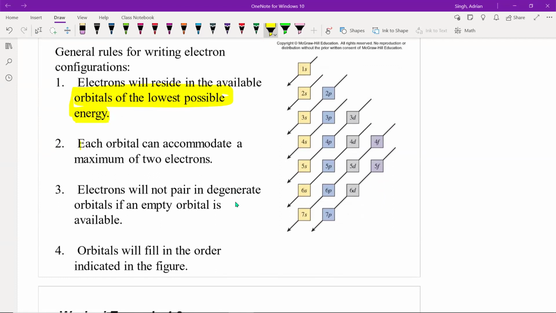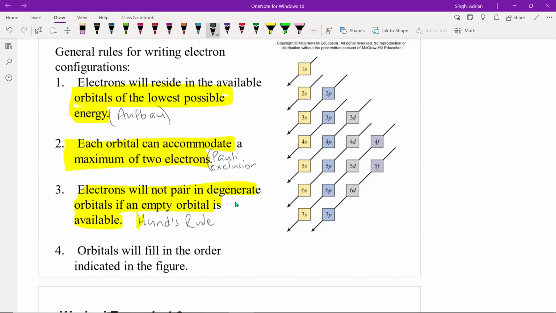We also see that each orbital can accommodate a maximum of 2 electrons. That's the Pauli exclusion principle. We've also seen that electrons will not pair in degenerate orbitals if there is an empty orbital of equivalent energy available. That's Hund's rule. We'll write the names for these: the maximum of 2 electrons is Pauli exclusion, and building up from the lowest possible energy is Aufbau.